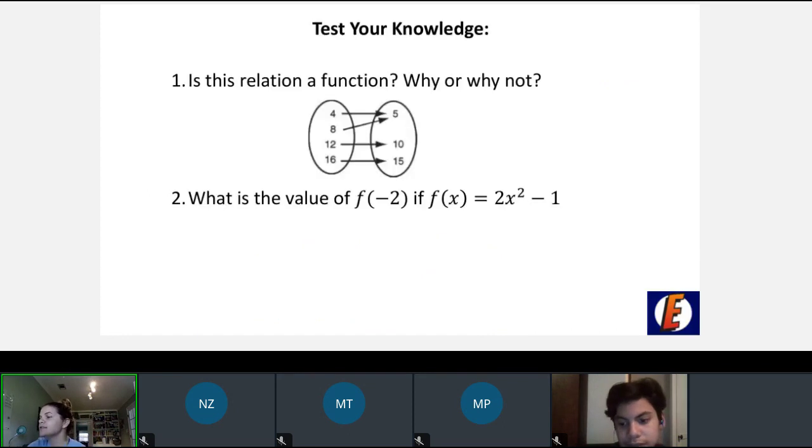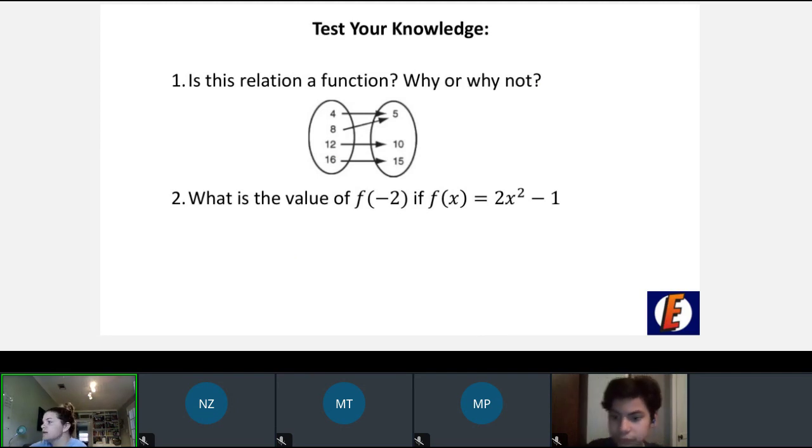Alrighty, so for our exit ticket today, you are going to send me a private message. Okay, if you don't know how to do that, it's the question mark. You're going to tell me for number 1, is this relation a function? Why or why not?